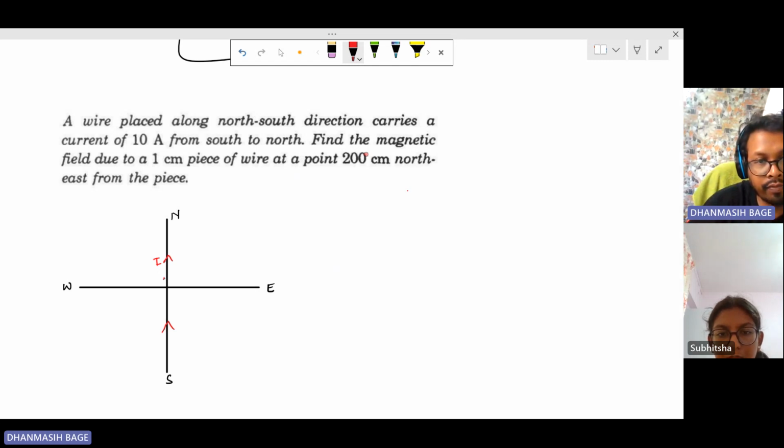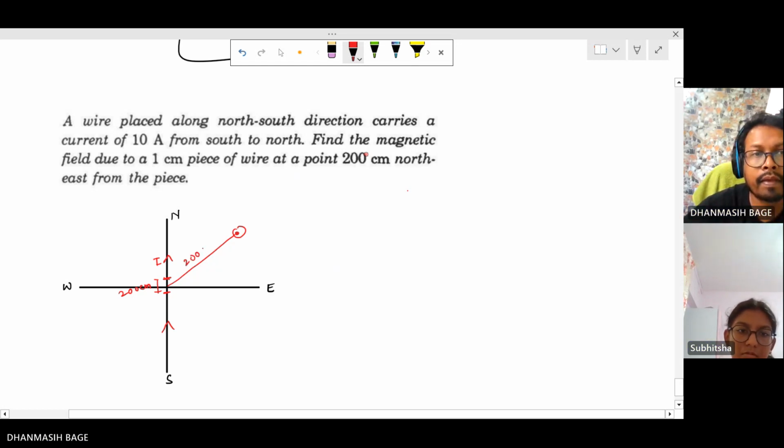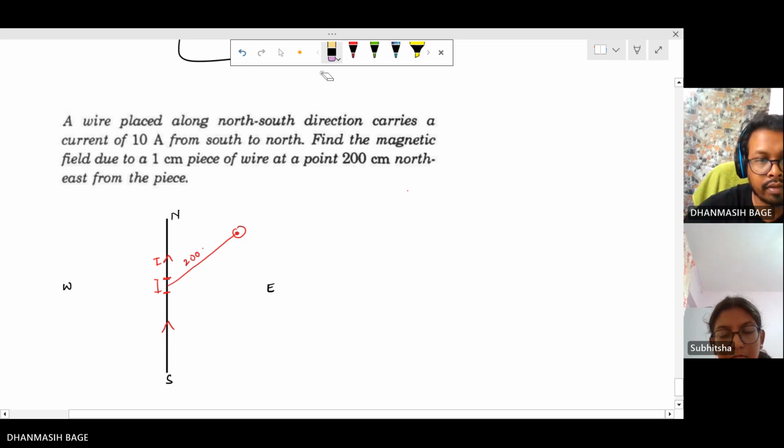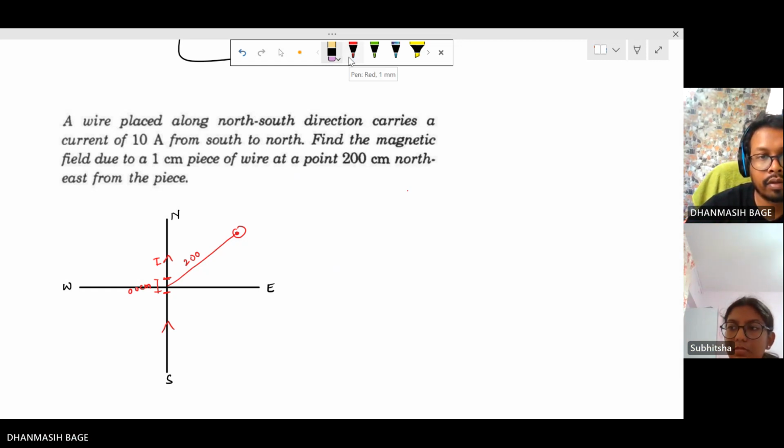Let us say that this piece of wire is this. The distance is 200 centimeters given to you, and the northeast side will be something like this. This is the point, 200 centimeter away. Sorry, 1 centimeter piece, right? My mistake.